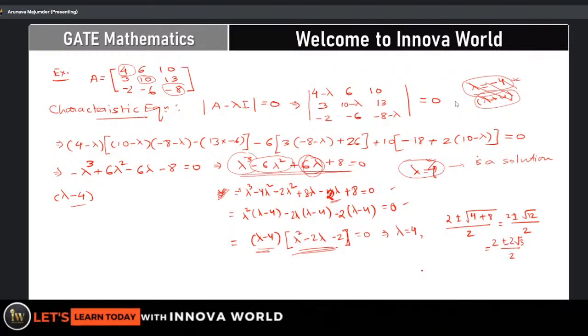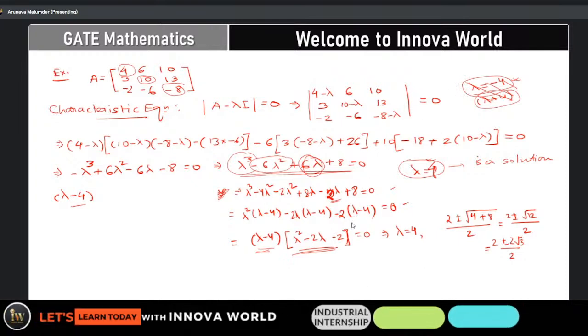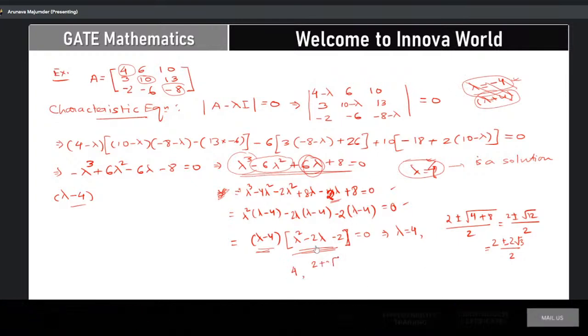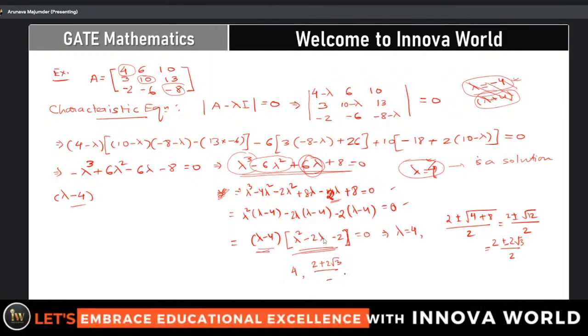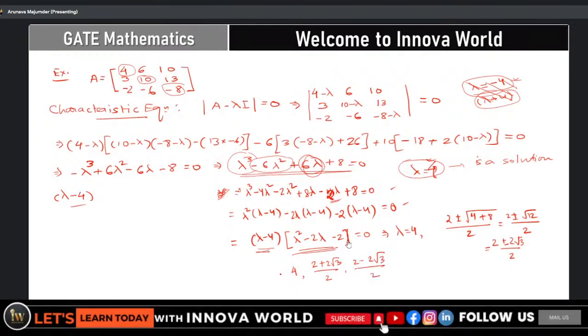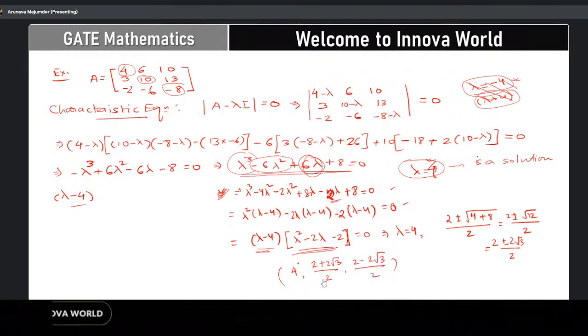So what are the three lambda values we are getting? First lambda value is 4, second lambda value is 2 plus 2 root 3 by 2, third lambda value is 2 minus 2 root 3 by 2. So these three values are the eigenvalues here.